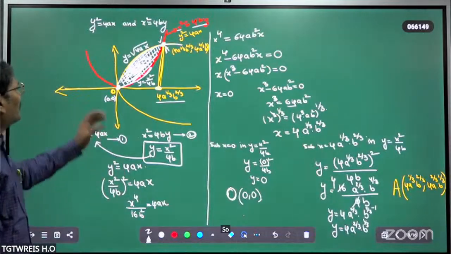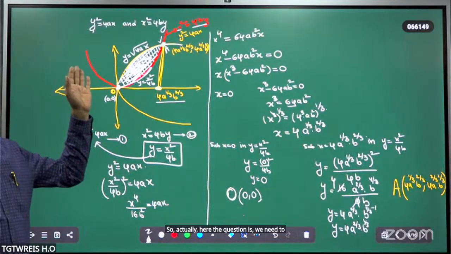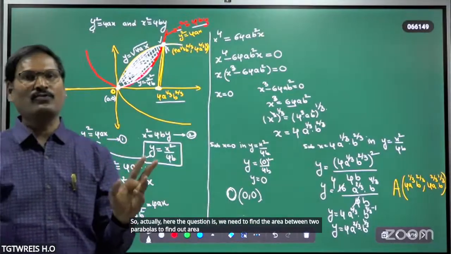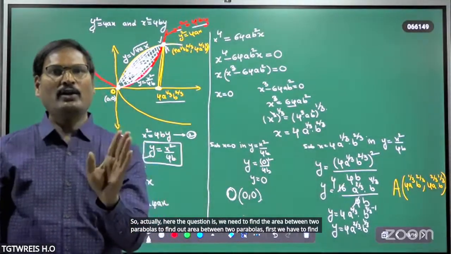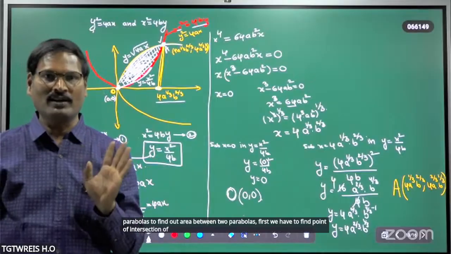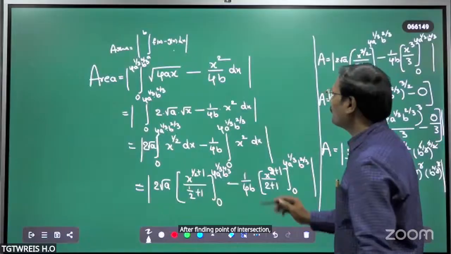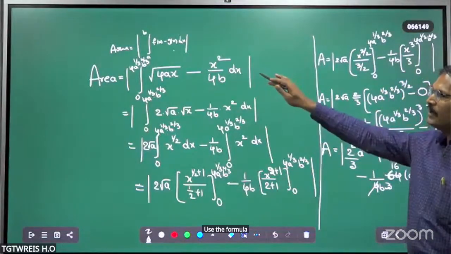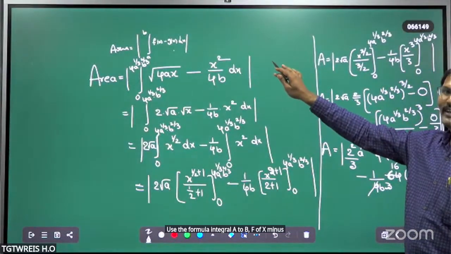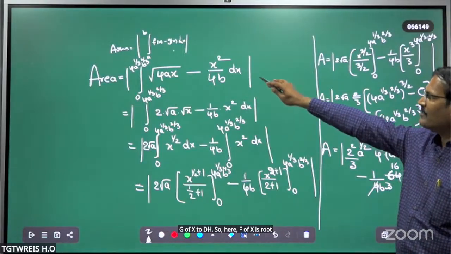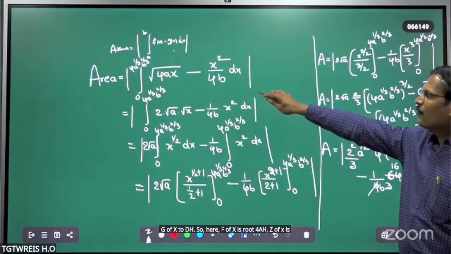So actually here the question is we need to find the area between two parabolas. To find out area between two parabolas, first we have to find point of intersection of those two parabolas. After finding point of intersection, use the formula integral a to b f of x minus g of x dx. So here f of x is root 4ax, g of x is x square by 4b.